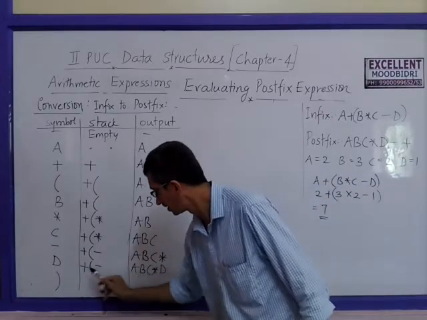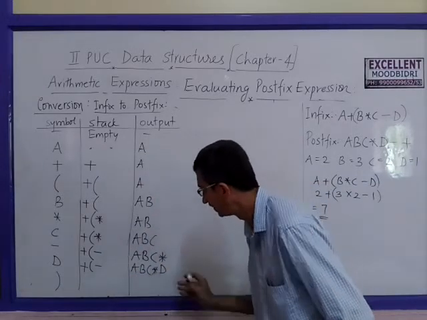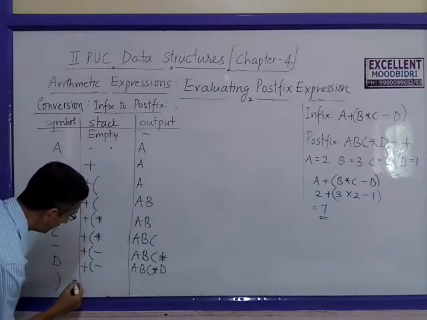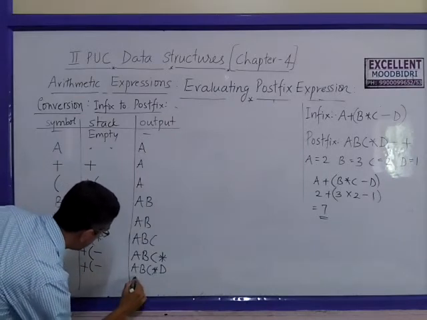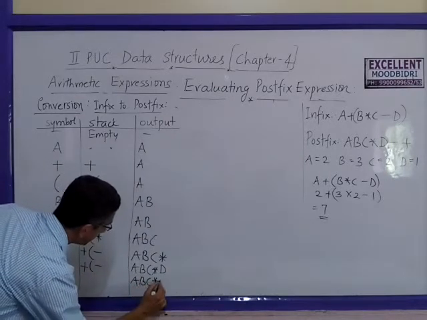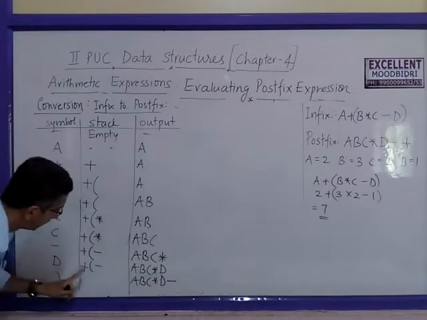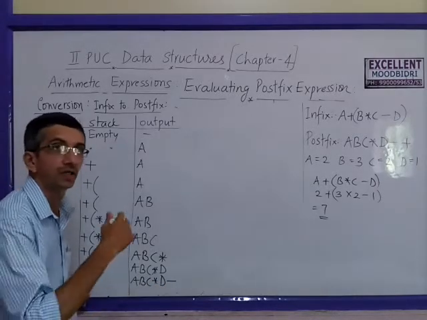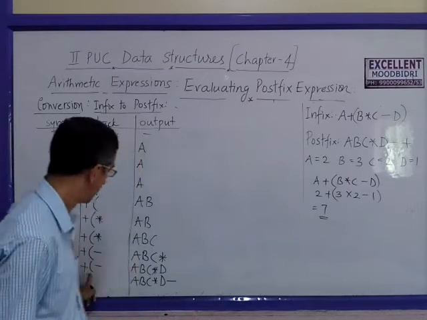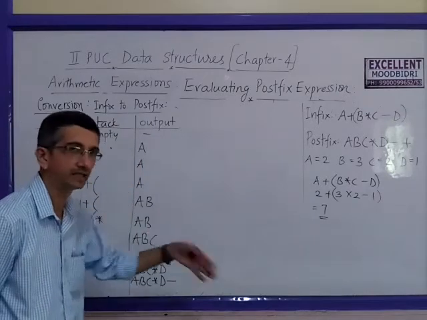So for the closing parenthesis, pop operators. I will write here A, B, C, star, D, minus. Then you have the opening parenthesis. Pop it and discard it. Even the opening parenthesis you pop and discard.